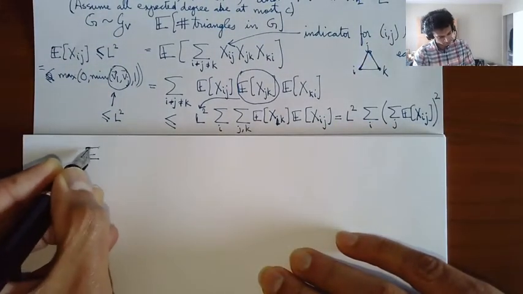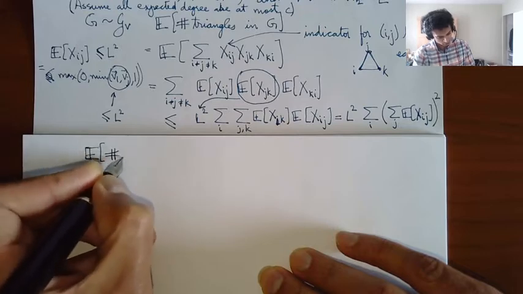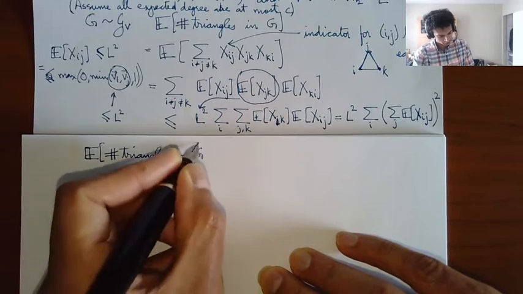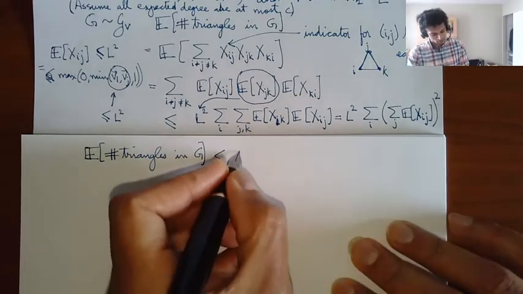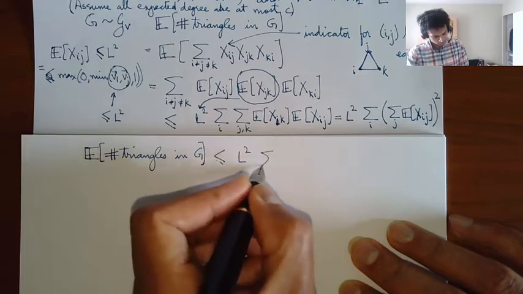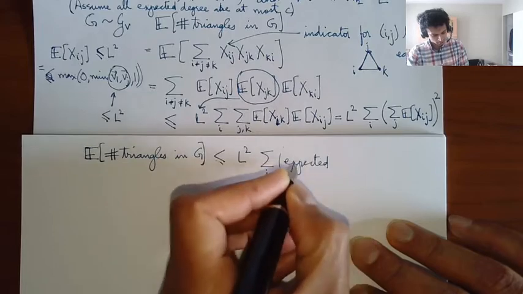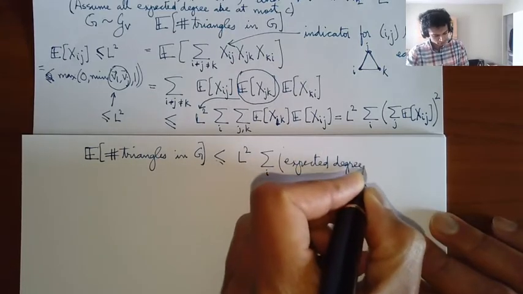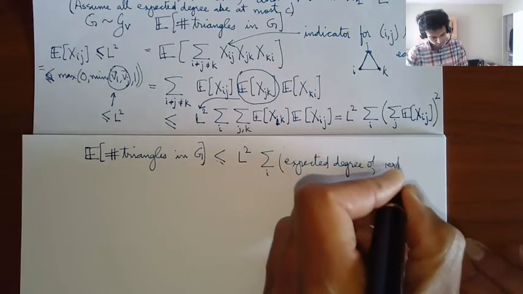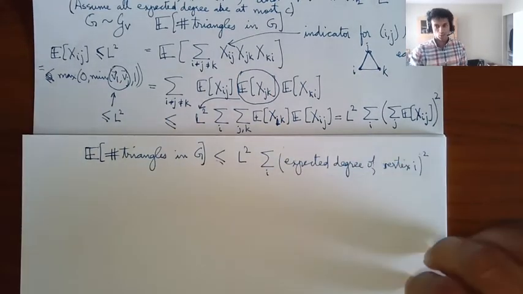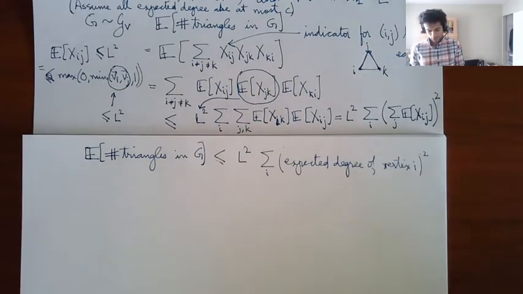I said the number of triangles in G is at most L squared times the summation over I of the expected degree of vertex I, that squared. Okay?